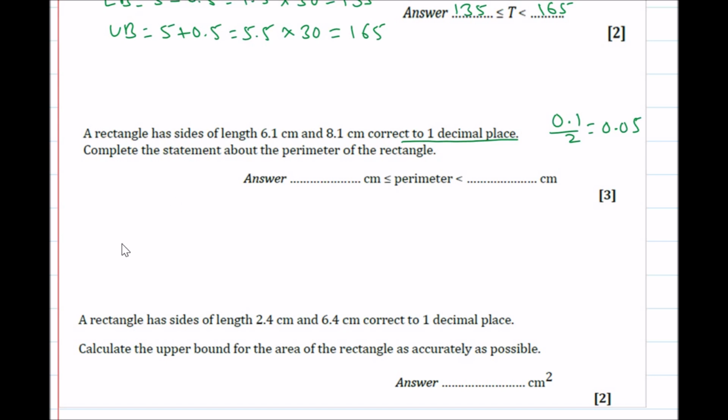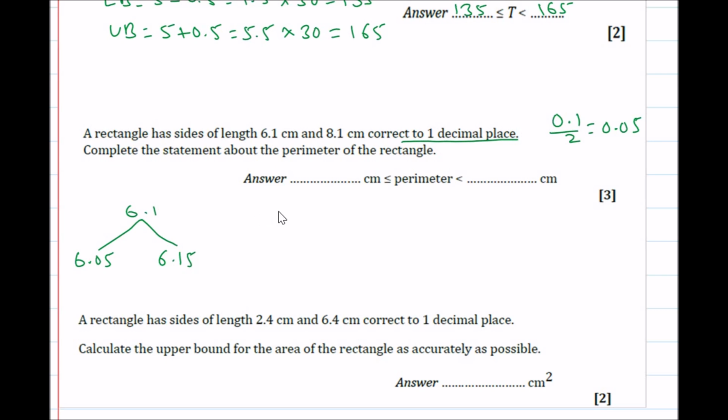If you are finding the lower bound, you take 6.1 and subtract 0.05, and you will get 6.05. So this will be your lower bound. 6.15 will be the upper bound. Okay.